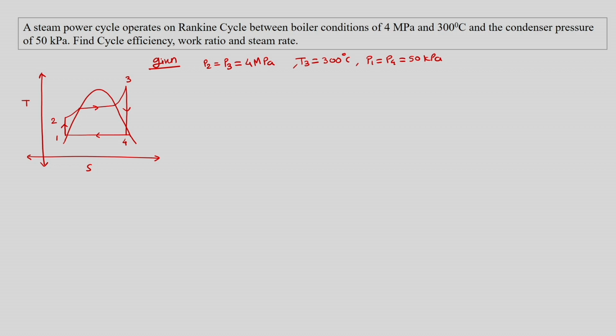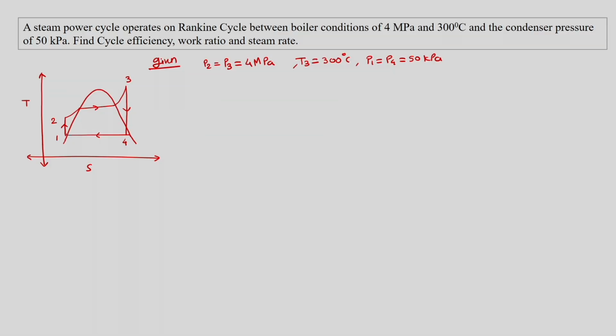So in view of this, we can proceed with the example, and here we need to first go to the steam table and then find out what are the properties at different stations. What properties we can find out from the steam table? We can find out definitely the property 3, and property 3 would correspond to, if I go to the steam table for the 50 kilopascal.